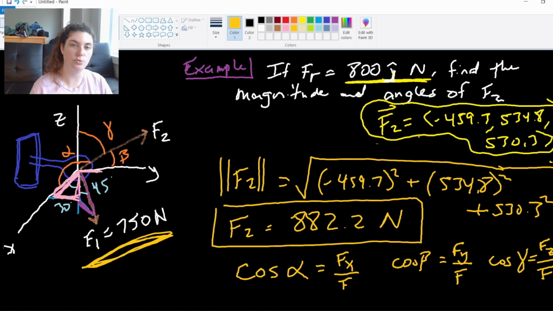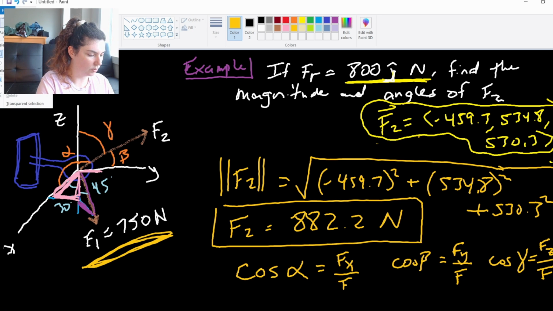We can easily do the arc cosine of each one, Fx over F, arc cosine Fy over F, arc cosine Fz over F, to find alpha, beta, and gamma. We'll go ahead and write that out real quick.